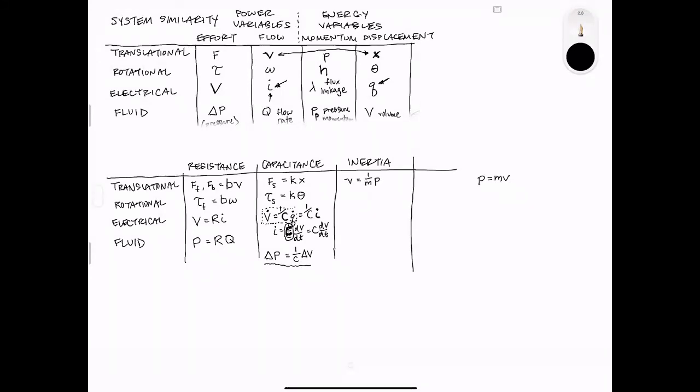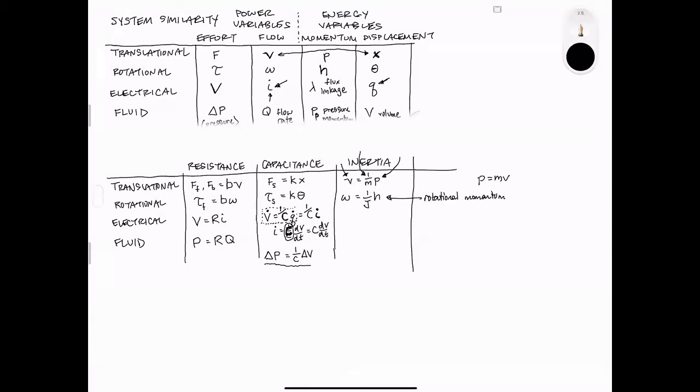Essentially, we have a flow variable right here, and that's going to equal some sort of constant, which is right here, times a momentum variable right here. So in a rotational sense, then, we will have the angular velocity equals 1 over J, some sort of constant term that's not going to change or vary with respect to time, times H, which is the rotational momentum.